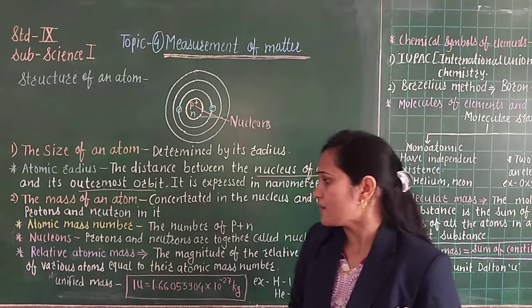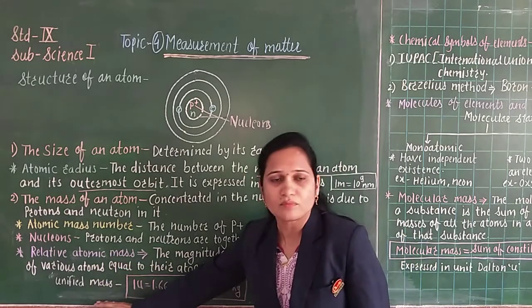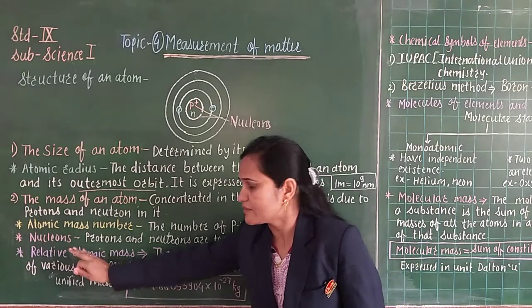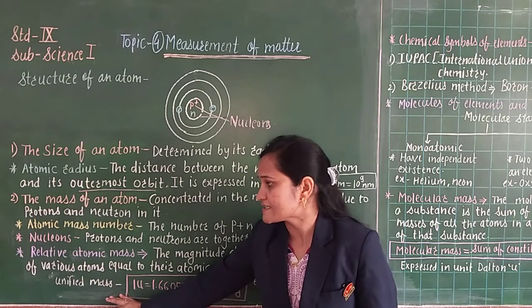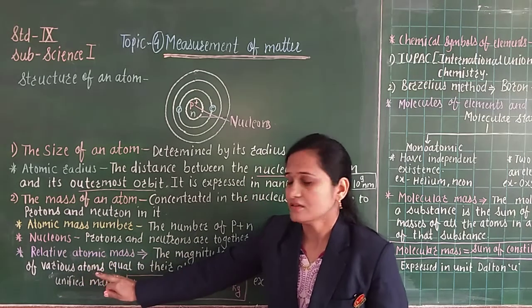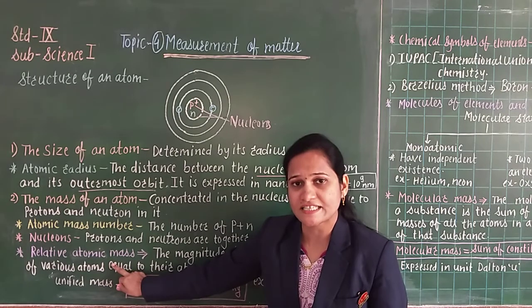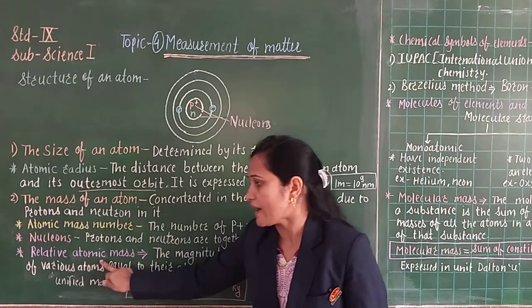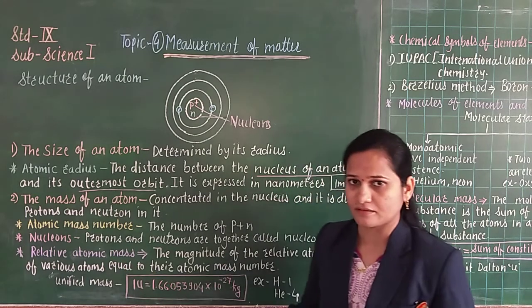But nowadays a unified method of measuring the mass is accepted. In olden days, one concept was accepted to find the atomic mass of an atom, and that concept's name is relative atomic mass.